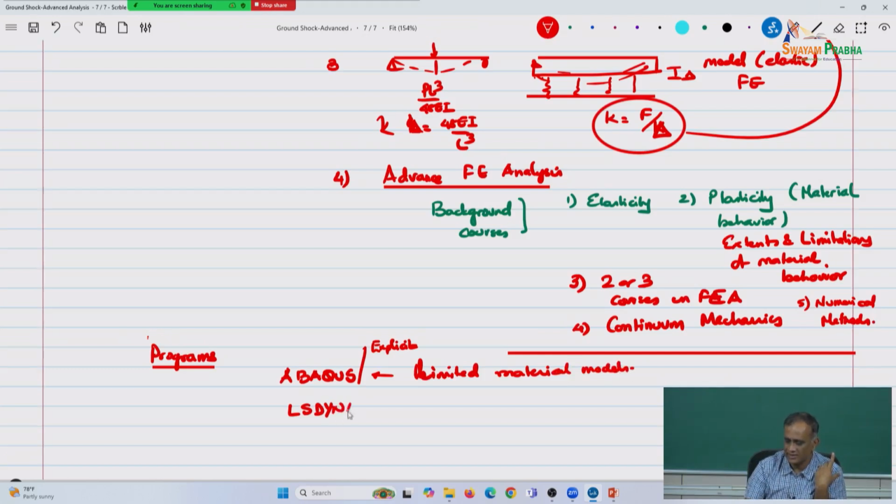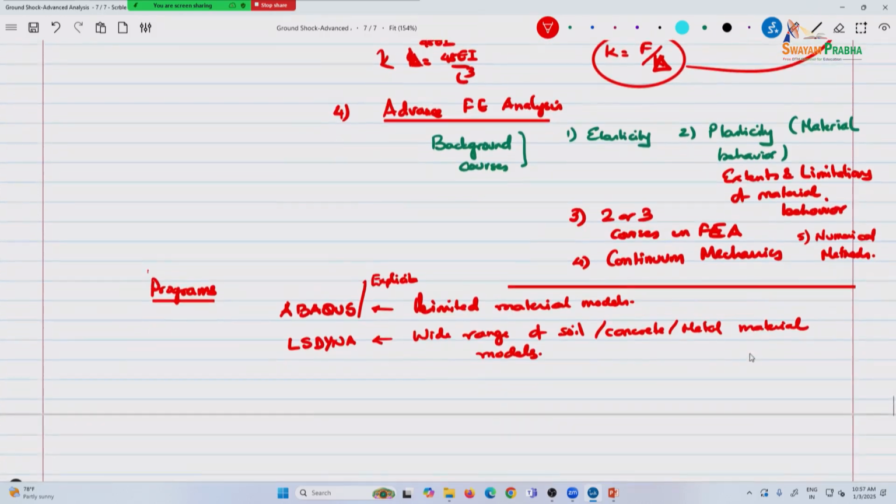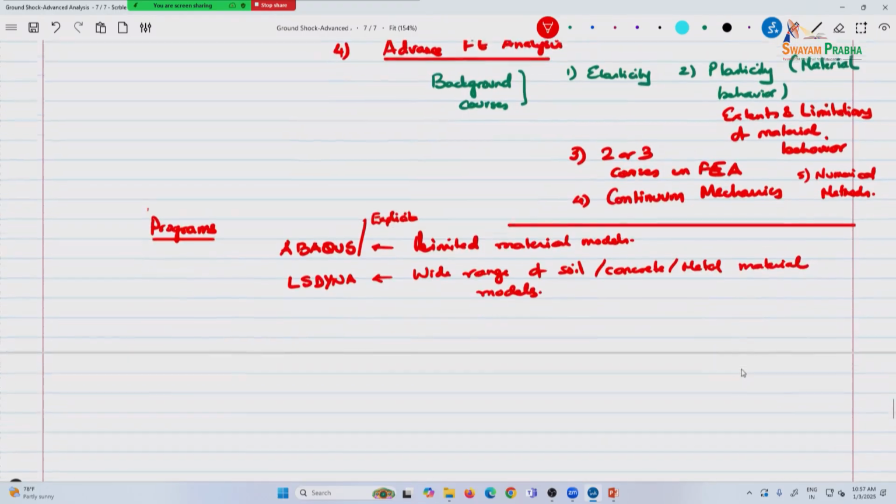I use LS-DYNA, which has a wide range of soil, concrete, metal, and composite material models. You can develop your own. People have developed literally hundreds of material models. The other thing is the types of analysis.